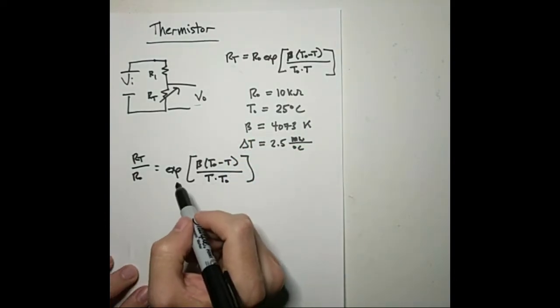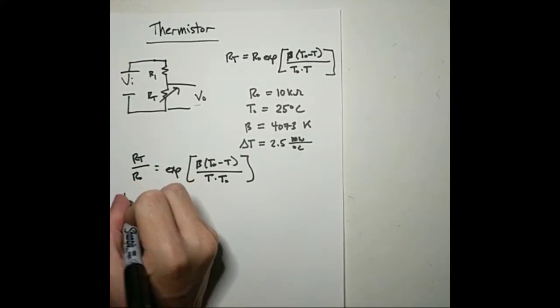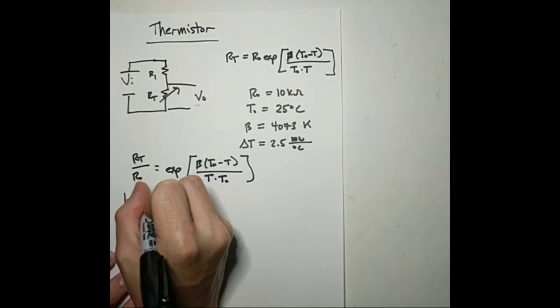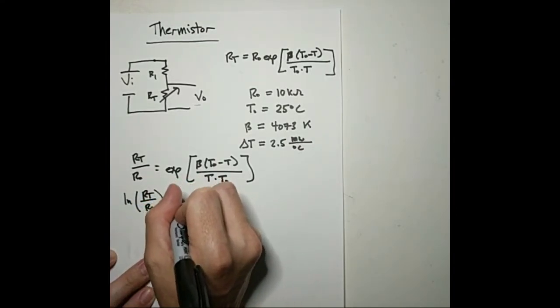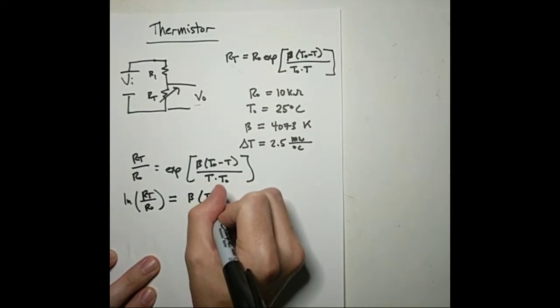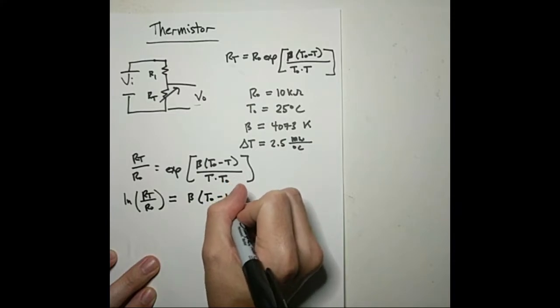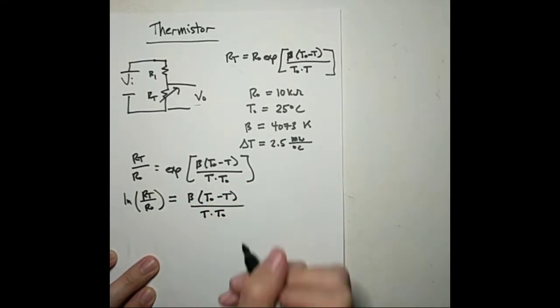Then we can take the natural log of both sides. So we have the natural log of RT over R naught is beta multiplied by T naught minus T over T times T naught.